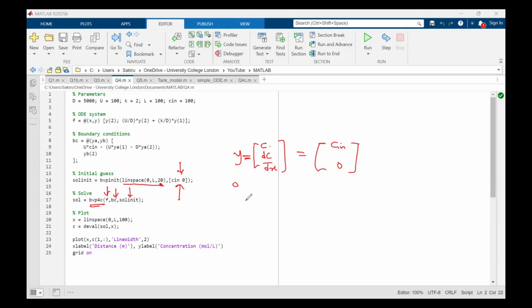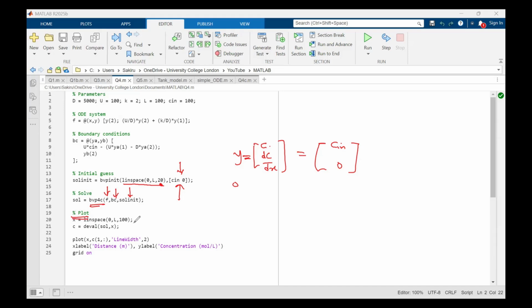Unlike an initial value problem, where you can specify the time point that you want to run. But for a boundary value problem, you first solve it, and then you extract the solution at those specific points that you want. And that's what we're trying to do here.